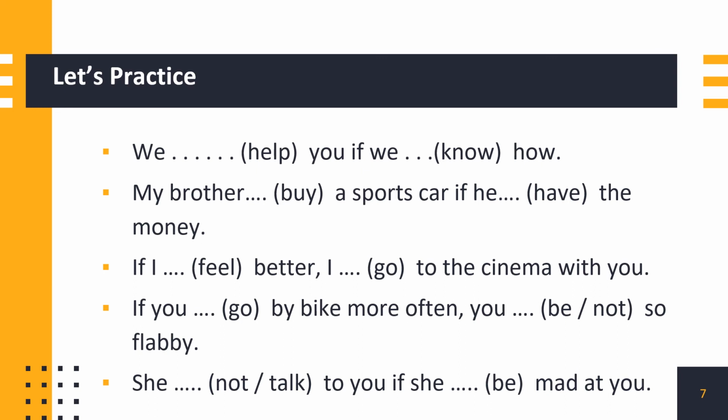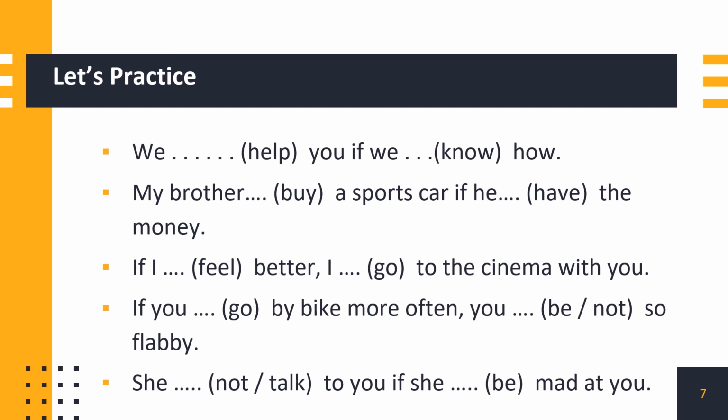What about the fourth sentence? Because the form is using verb 2 in the if clause, we need to know what's the second verb from go. Yeah, it's went.